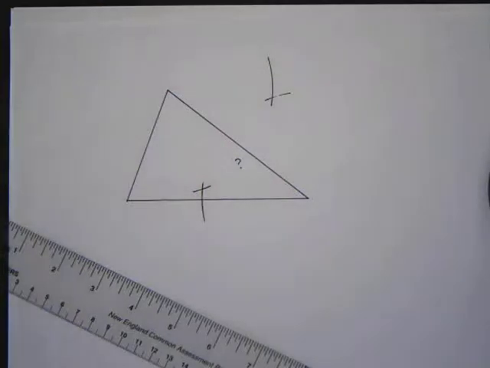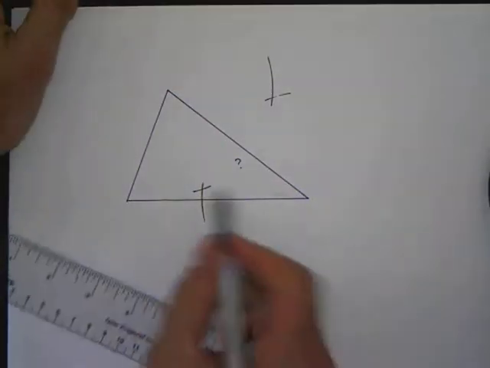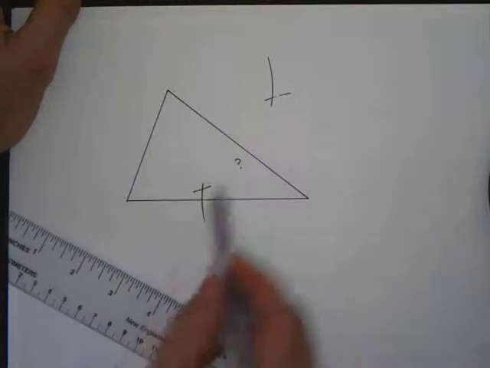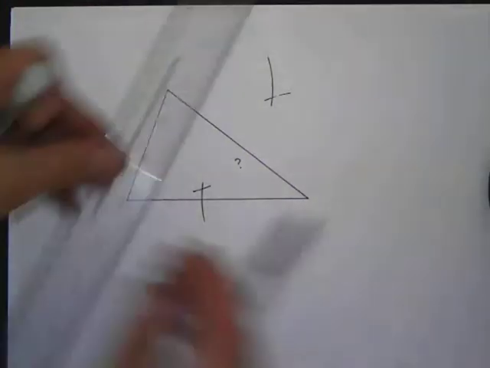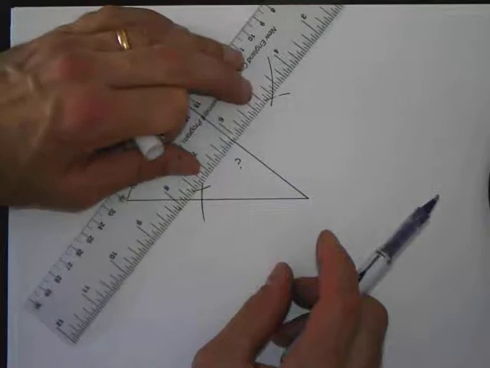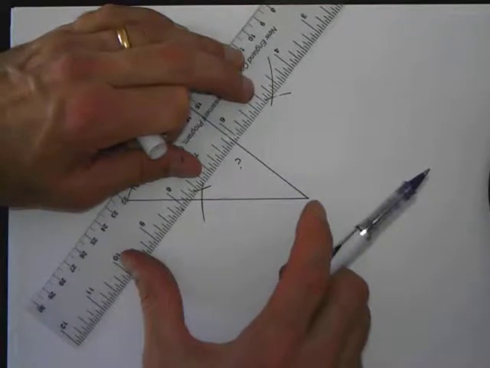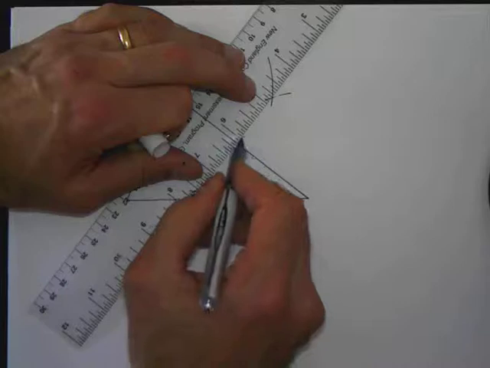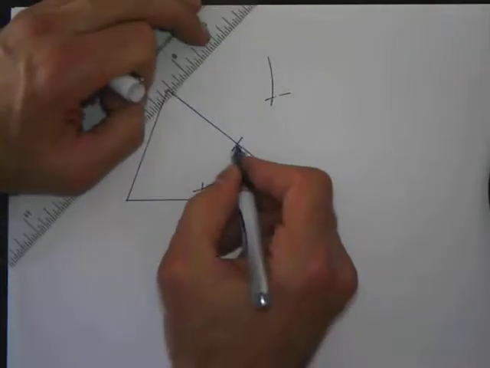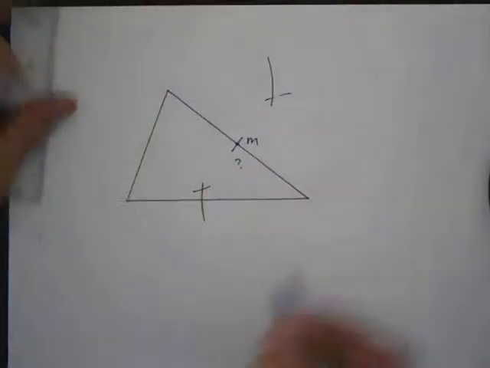So I've constructed 2 points that are equidistant from the endpoints of that side of the triangle. And if I lay my straight edge down across that side, passing through both of those intersections, that defines the perpendicular bisector, which also defines the midpoint.